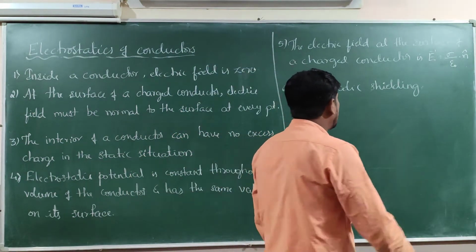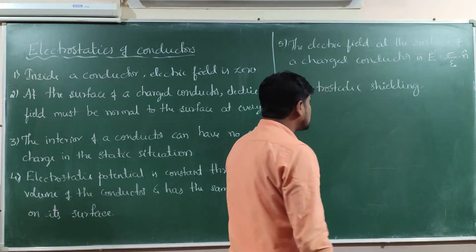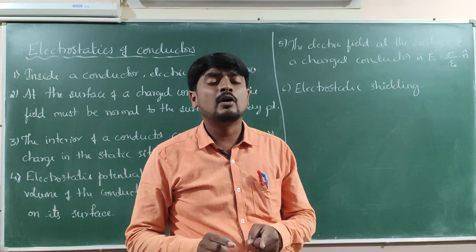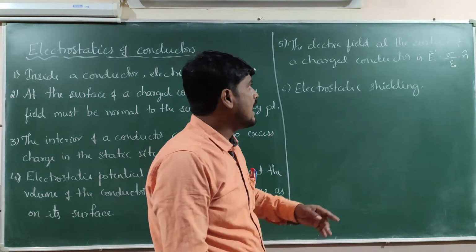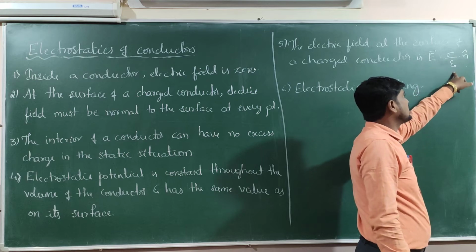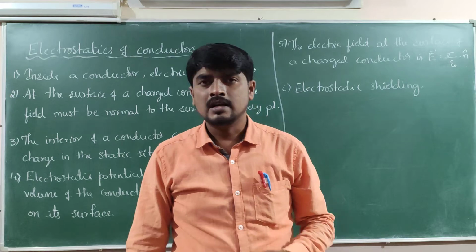For this we have calculated this expression. That means every surface in the electrostatic field is considered as a uniformly charged thin plate sheet, and the expression for that is vector E = sigma by epsilon naught into n cap, where sigma is the surface charge density.